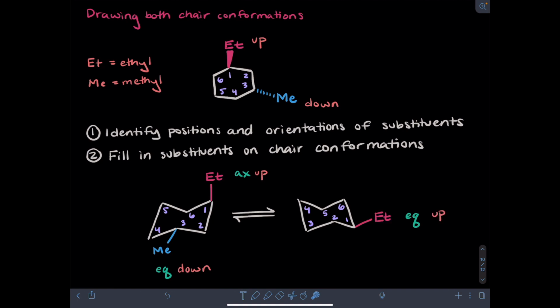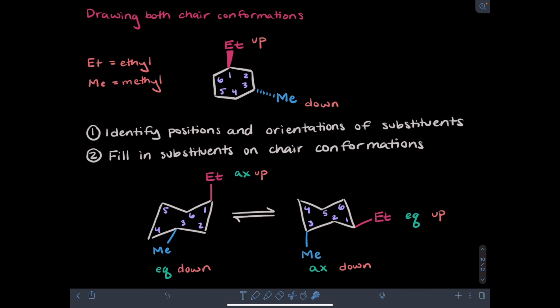In the other chair conformation, the ethyl group still needs to be angled up toward the top of the page, but at this particular position, that's an equatorial site. And the methyl group, because it's dashed, still needs to be pointed down toward the bottom of the page. And at this particular 3 position, this is an axial down site.